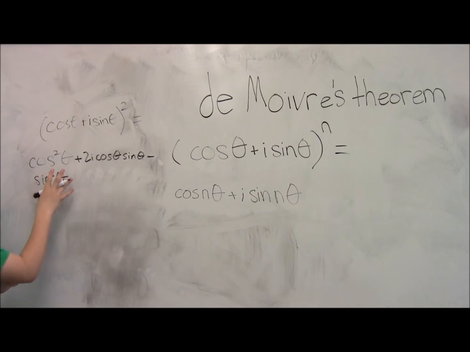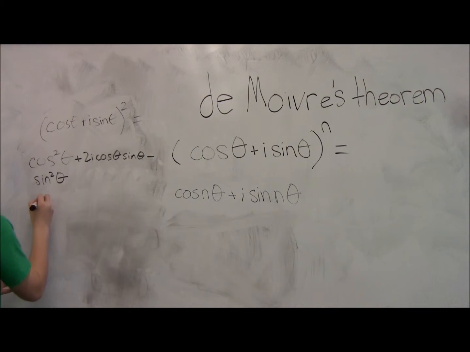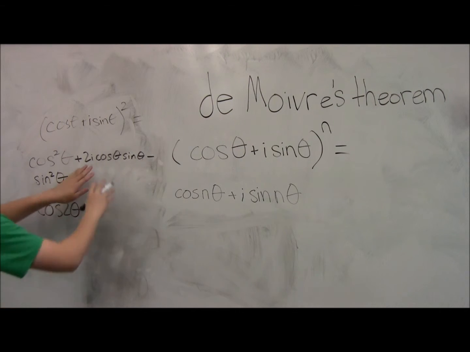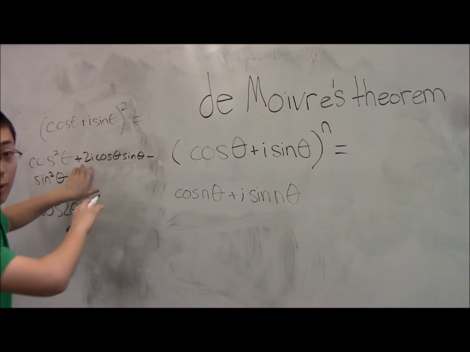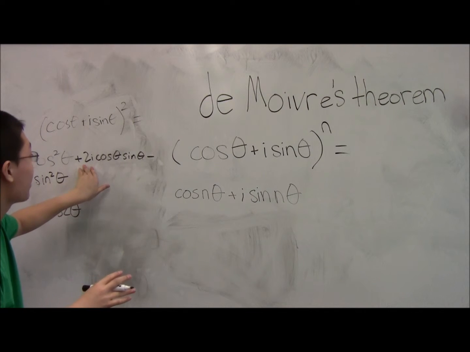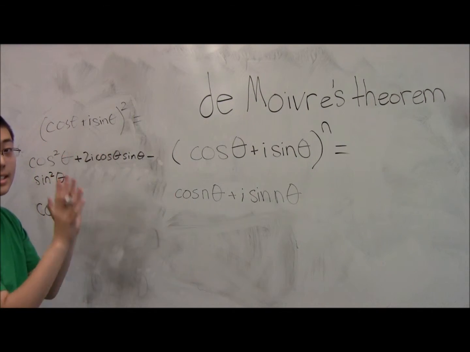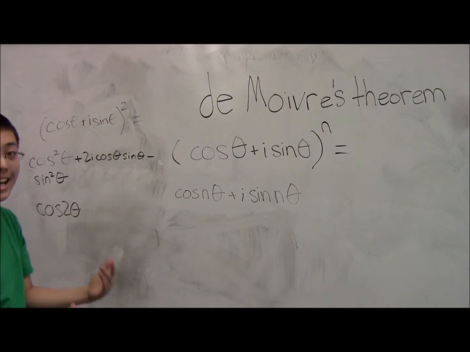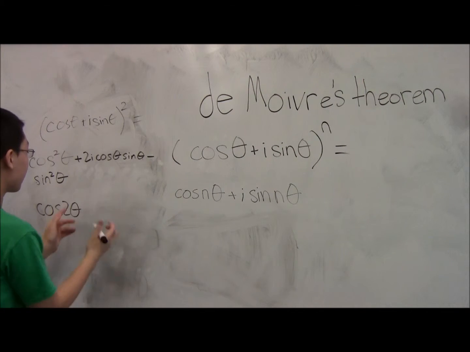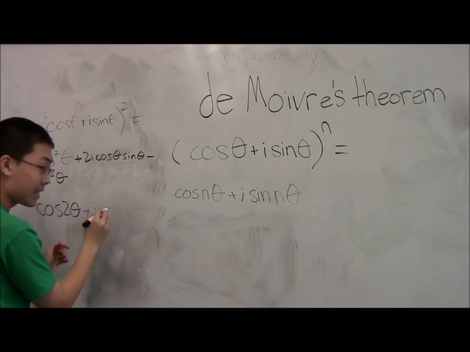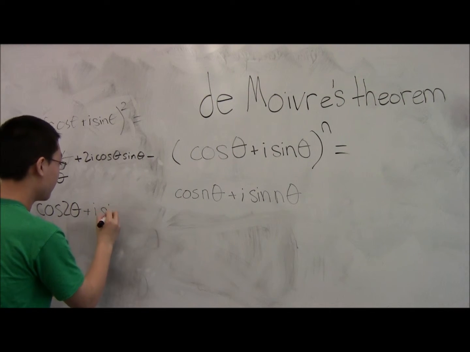Cosine squared theta minus sine squared theta is just equal to cosine of 2 theta. So cosine of 2 theta plus this whole thing. Now if we ignore the i for the time being, this whole thing is the sine double angle, so it's sine of 2 theta. So that's saying plus i times the sine of 2 theta.